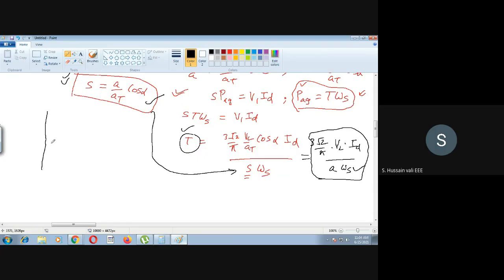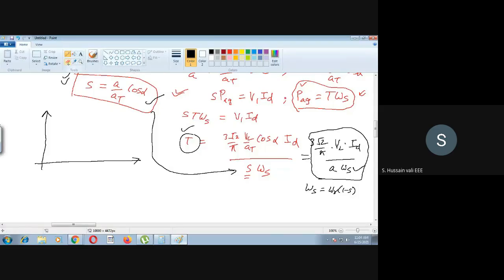Of course, one more thing I will tell you. Once again we'll put here, omega S we can write as omega R into 1 minus S. I hope you know this. Okay, so is this correct?